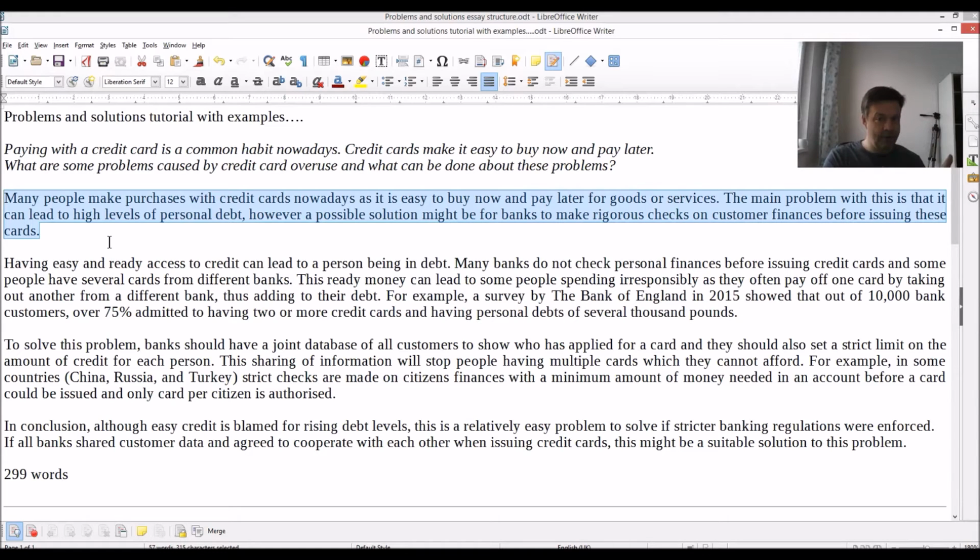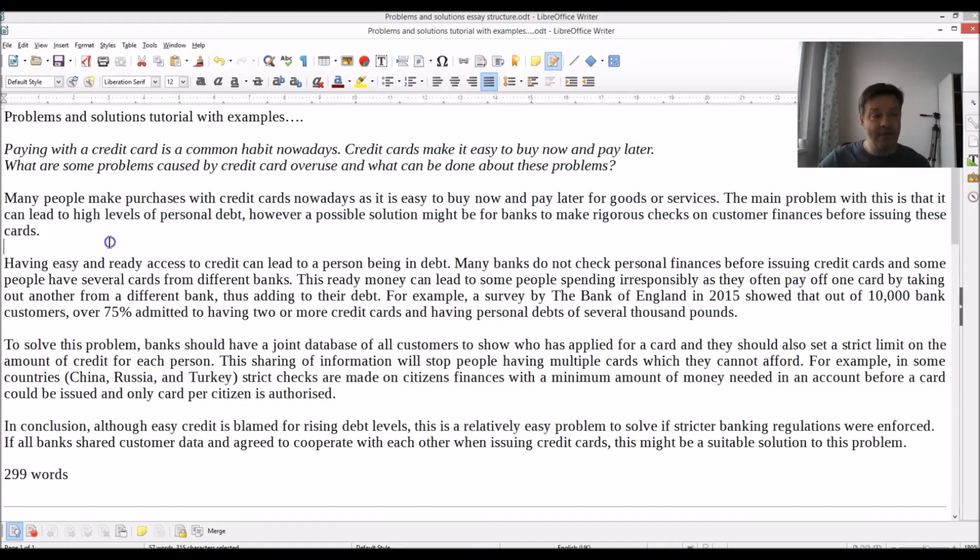Okay, so many people make purchases with credit cards as it's easy to buy now and pay later, blah, blah, blah. Paraphrase. The main problem with this is it can lead to high levels of personal debt. However, part 2, a possible solution might be for banks to make rigorous checks on customer finances before issuing these cards.